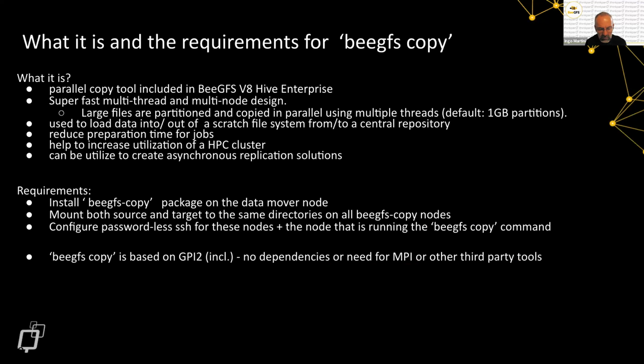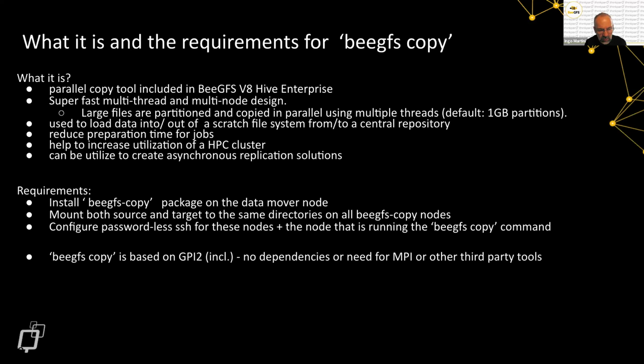You can use this for migration purposes, you can use this for loading and offloading data to a Scratch file system, from whatever POSIX file system you have. So it's a tool that's also working between BeeGFS and other POSIX file systems. You can combine it with Lustre, with NFS, whatever you have installed in your data center.